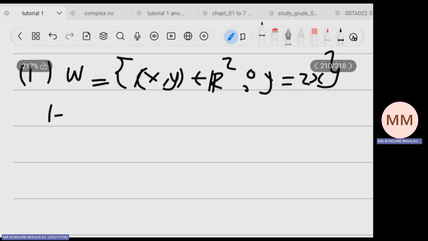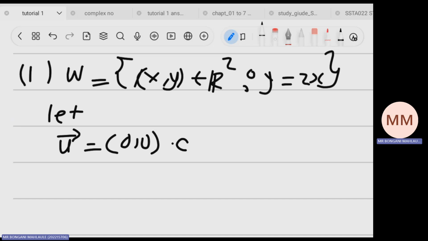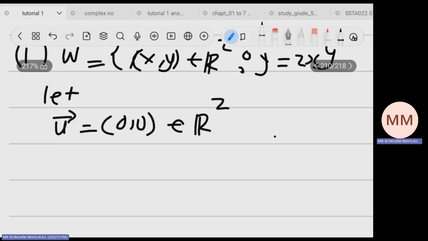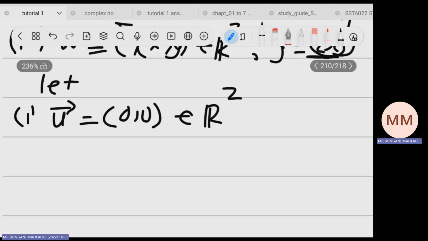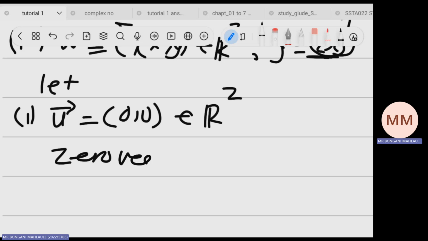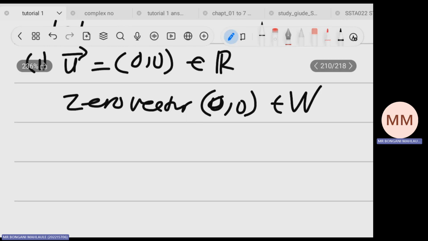We can see that if I let vector u be (0, 0), this is an element of the set, because if you let x be 0, y will be 0. So the first condition holds. We can say the zero vector (0, 0) is an element of your set.